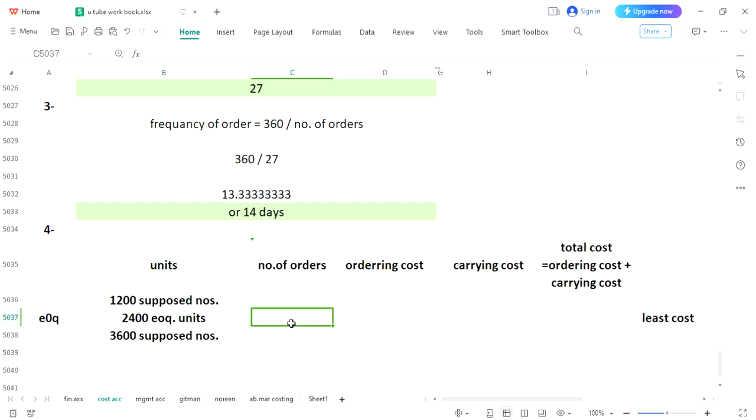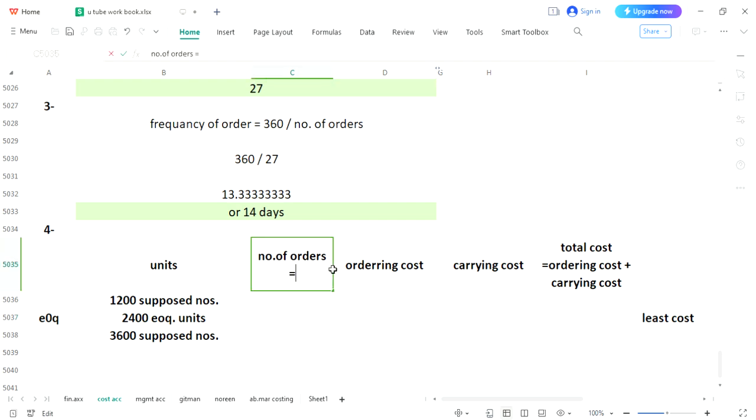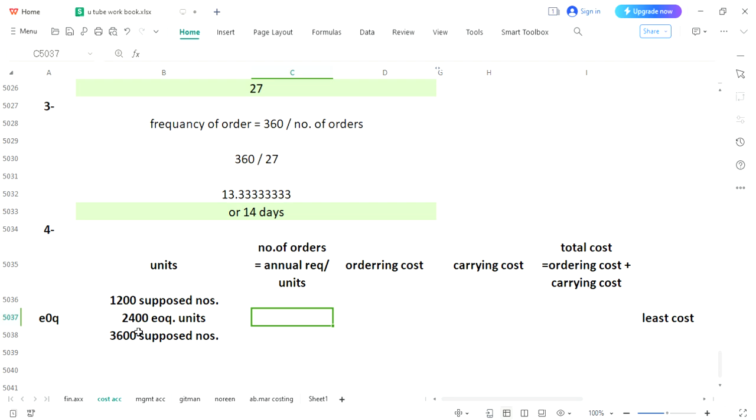As first step, we will calculate everything related to economic order quantity, number of orders. You will calculate by taking annual requirement. It would be divided by number of units. In case of economic order quantity, we have 2400 number of units.